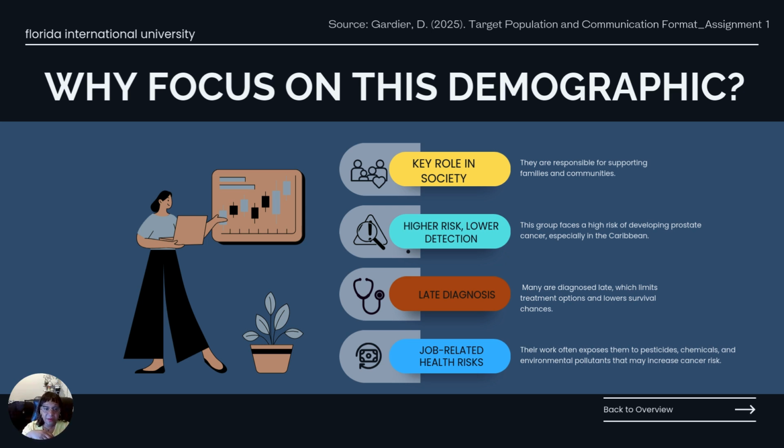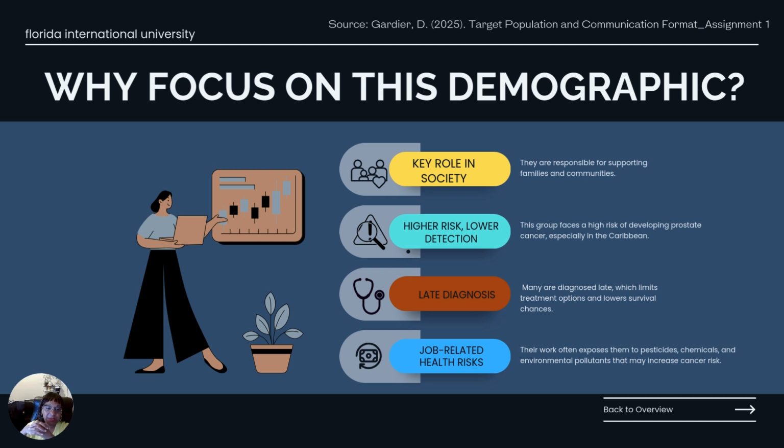They're at a higher risk, and there's a lower detection rate, right? This group faces a higher risk of developing prostate cancer because of the stigma, and a lot of them, because of the stigma, do not go to the doctor.